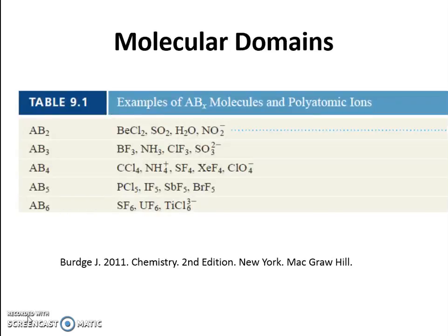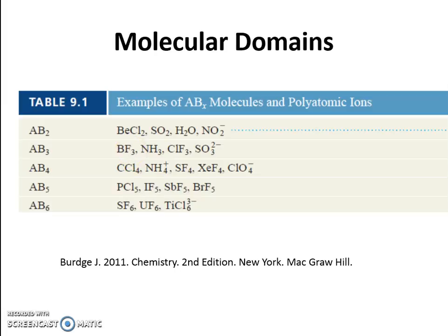Okay, this is easier. So here we have an example of different ions and molecules that have different numbers of B's surrounding the central atom. So an AB2 molecule will always have a molecular domain of 2, an AB3 a molecular domain of 3 because, for instance, boron fluoride will have 3 fluorides surrounding the boron.